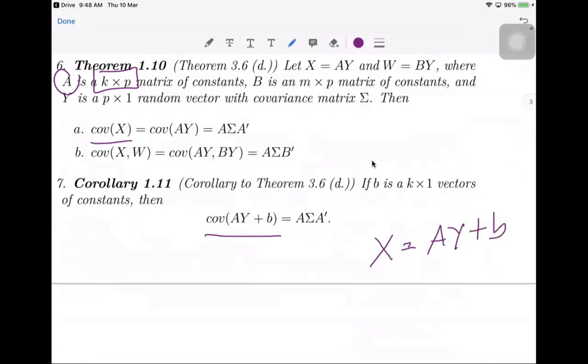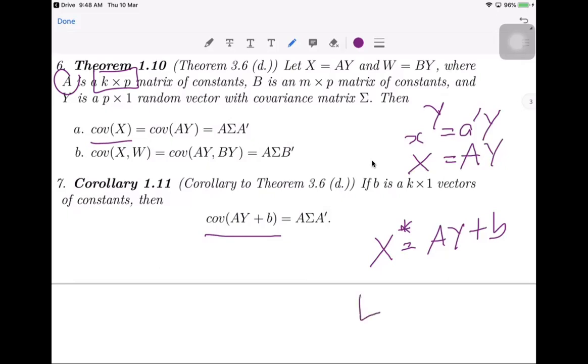So take note, what we were doing here is that the random variable y is transformed into A prime y, then we take the expectation and the variance. Now we transform it into x star, which is A y plus b.